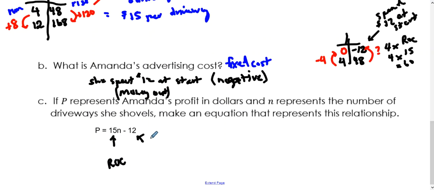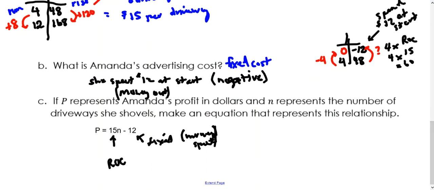And this is my fixed. But remember, that was money spent. All right, so she had to subtract off the money spent at the beginning. Okay? So hopefully that kind of makes sense when we move forward. All right.